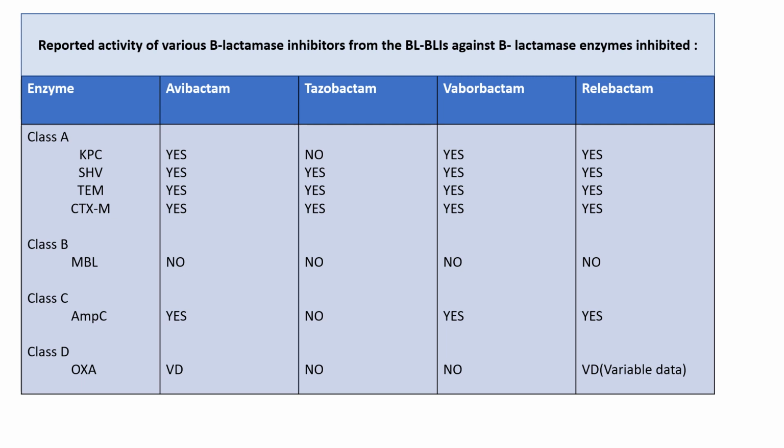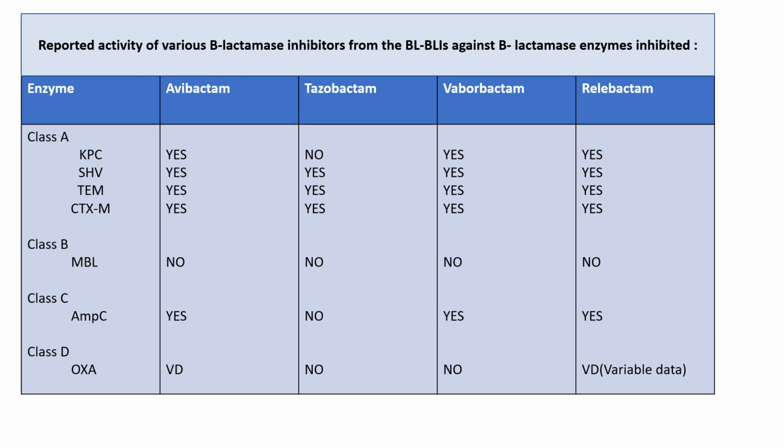We also have beta-lactamase inhibitors like avibactam, tazobactam, vaborbactam, relebactam, which have shown activity against different classes of antimicrobial resistant genes. For example, tazobactam has no activity against KPC, but is active against SHV, TEM, and CTX-M, while avibactam is active against all these class A antimicrobial resistant genes.